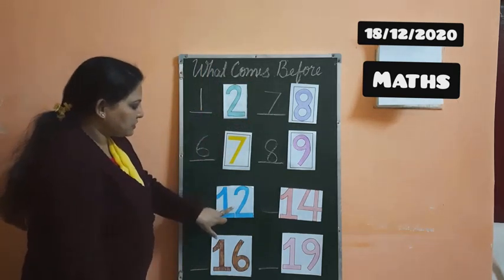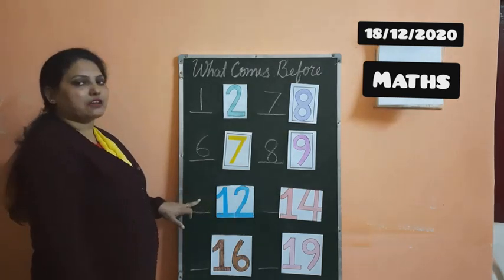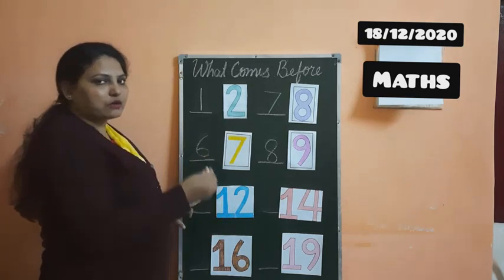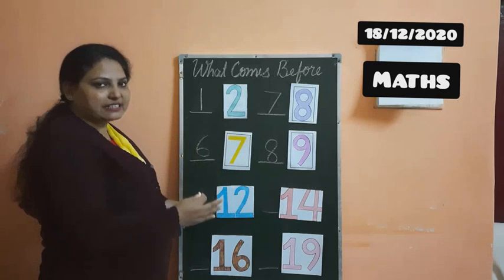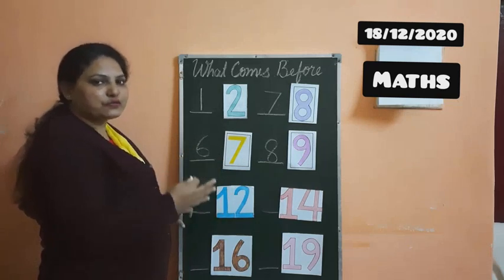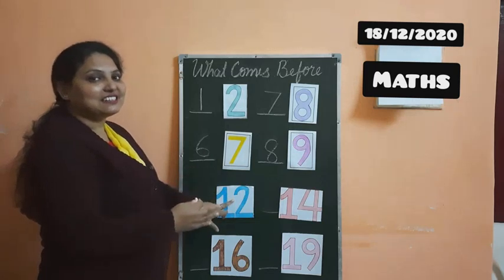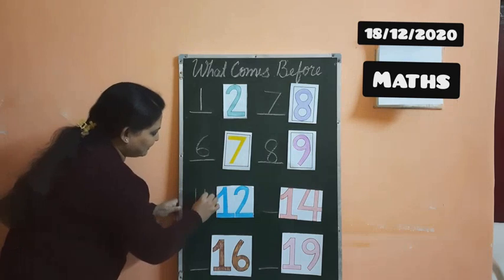Now before. You can see number 12. Before 12 which number will come? You have to count from 20. So you have to count 20, 19, 18, 17, 16, 15, 14, 13, 12, and which number will come here? 11.